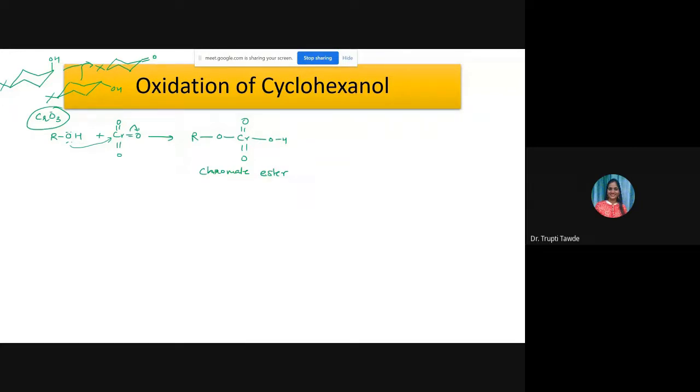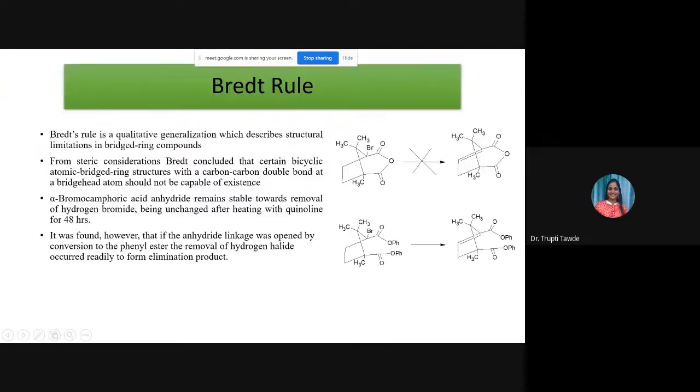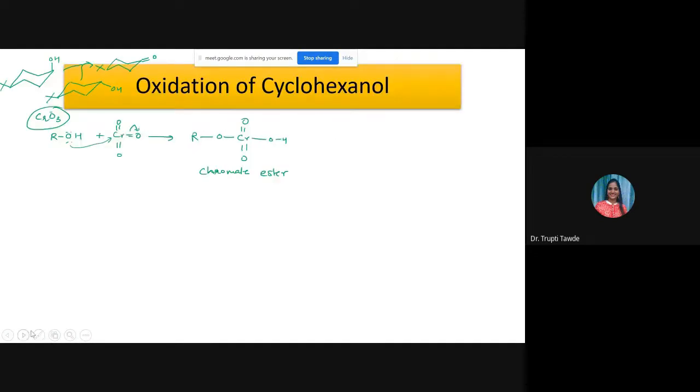And finally when this reaction happens, I'll just draw one proton here, and here the proton is abstracted.